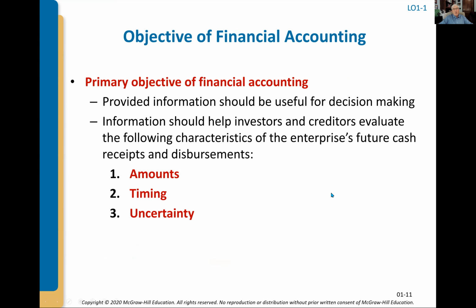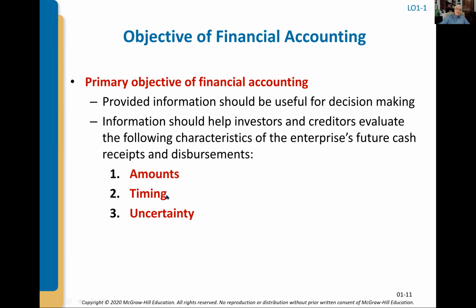So financial reporting, here are some things that we're going to have to think about. Hey, the amount of what we record and report on the balance sheet, income statement, cash flow statement, timing. This gets into, when do we recognize a revenue? Is that when someone orders a product from us? Is that when we deliver the product to them?